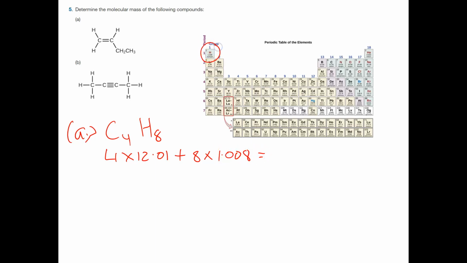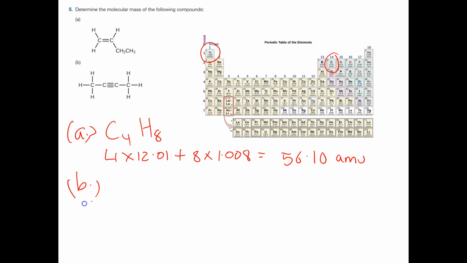And I'm just getting those masses from the periodic table. So I'm going to put all of that into my calculator: 4 times 12.01 plus 8 times 1.008, and that gives me 56.10 AMU, and that's the mass of one molecule.